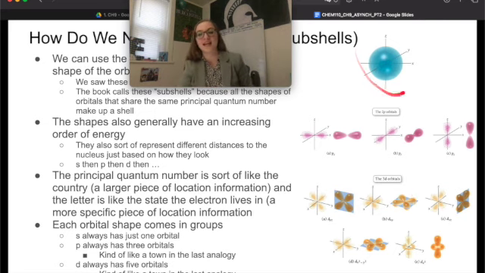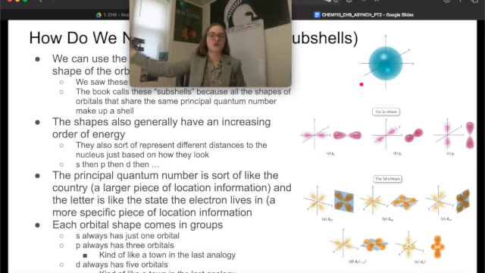So we've got a state, and then the energy level, n equals 1, n equals 2, n equals 3, n equals 4, and so on, is more like a general piece of information. And as I mentioned before, these orbital shapes come in groups. S is only made up of 1 orbital, but p is always made up of 3 orbitals, and d is always made up of 5 orbitals.